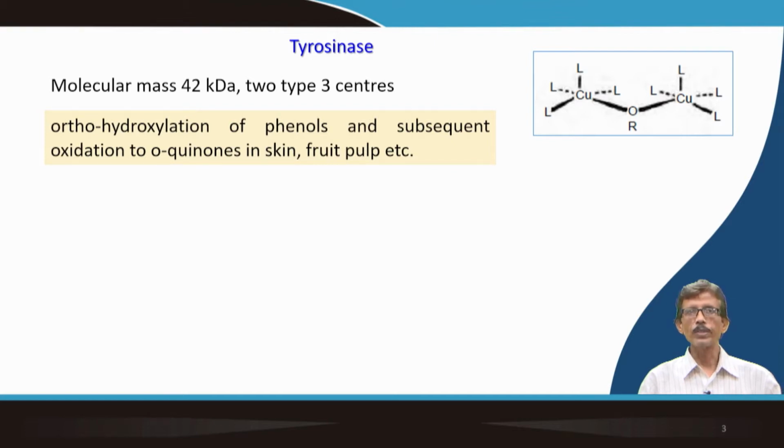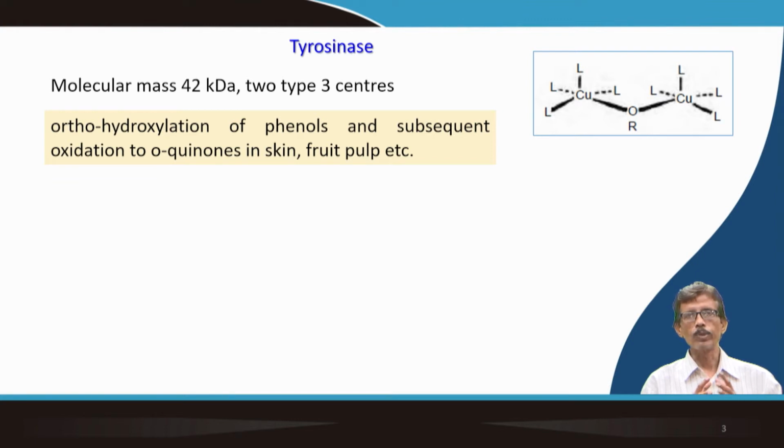We will be looking at reactions giving ortho-hydroxylation of phenols and subsequent oxidation to ortho-quinone, which is a very important reaction. That is why we know that in potato skin or any other fruit pulp there are catechol oxidases. Tyrosinase is also responsible for our skin melanin formation.